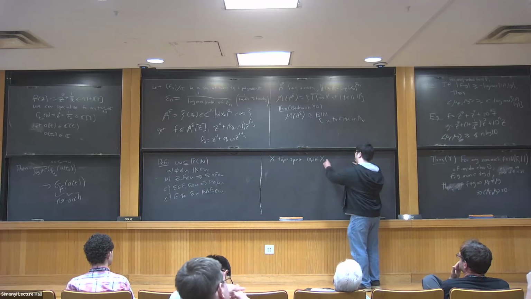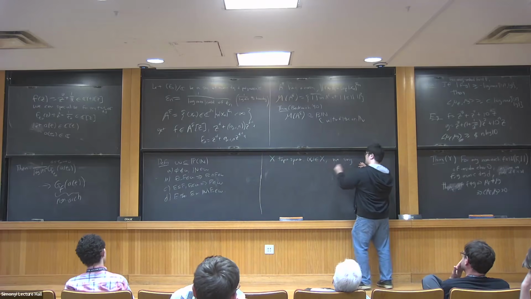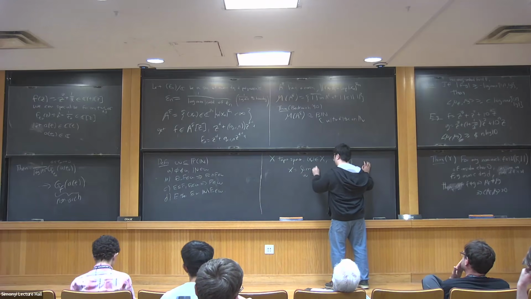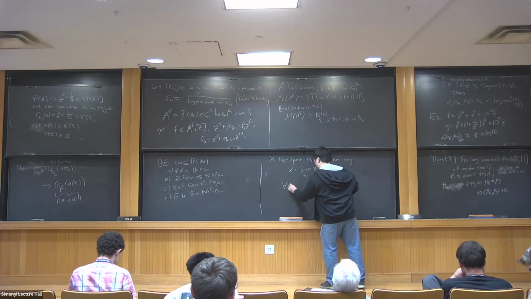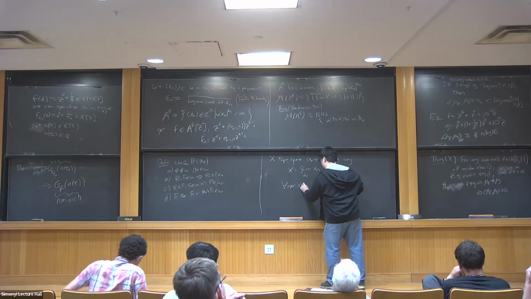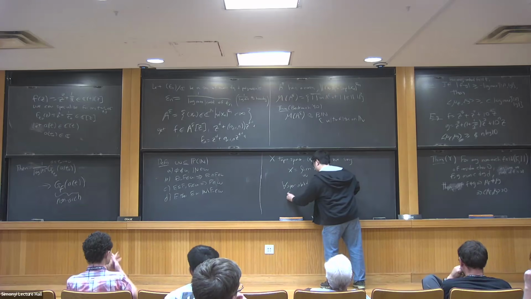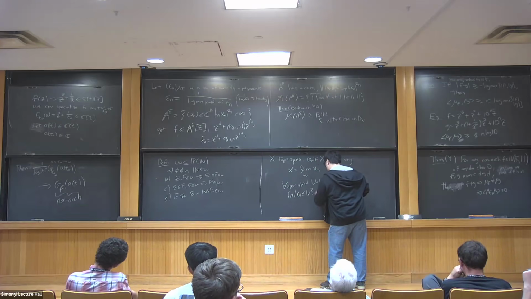And then we say X is an omega limit if for all open neighborhoods U of X, the set of n such that Xn is in U is in omega.